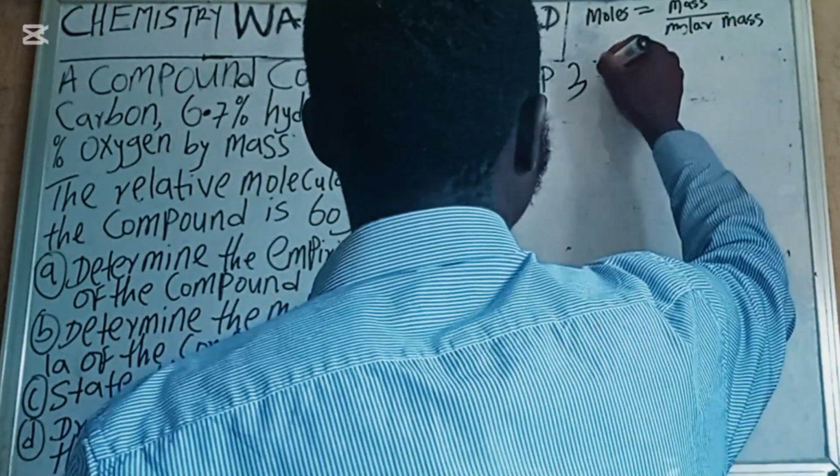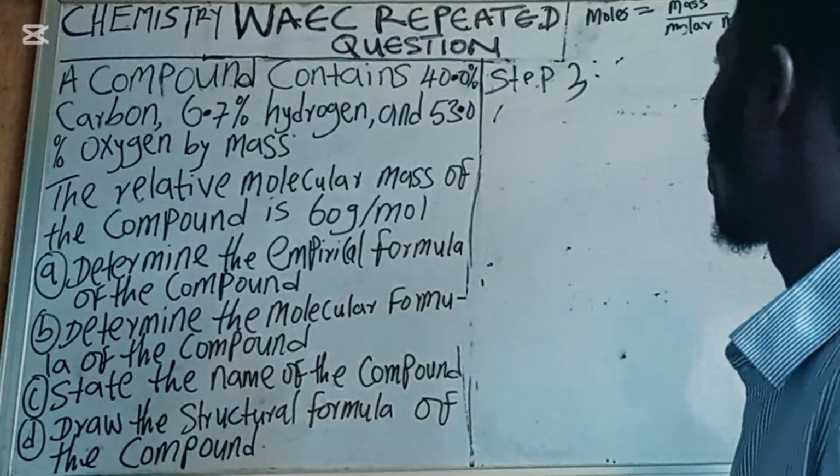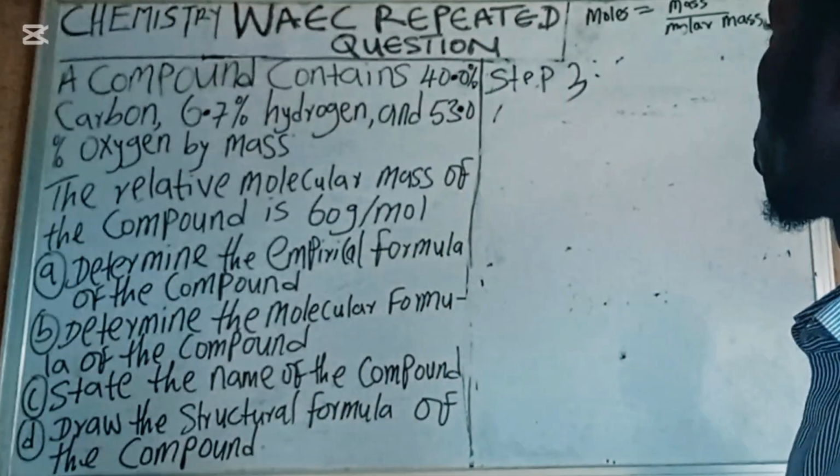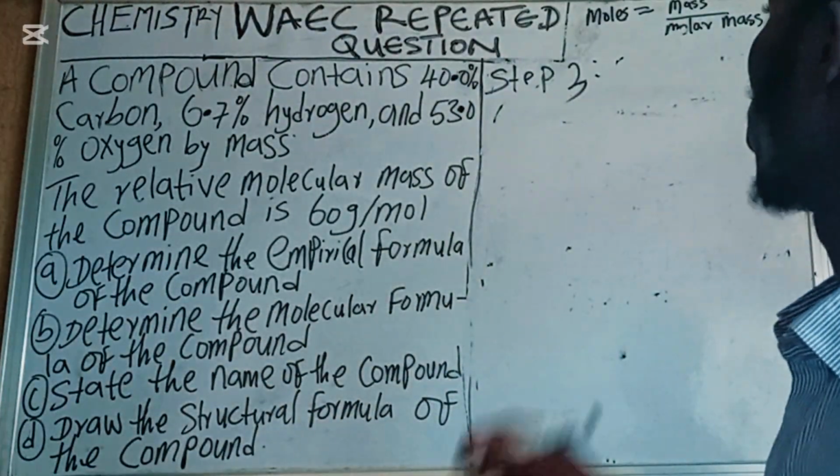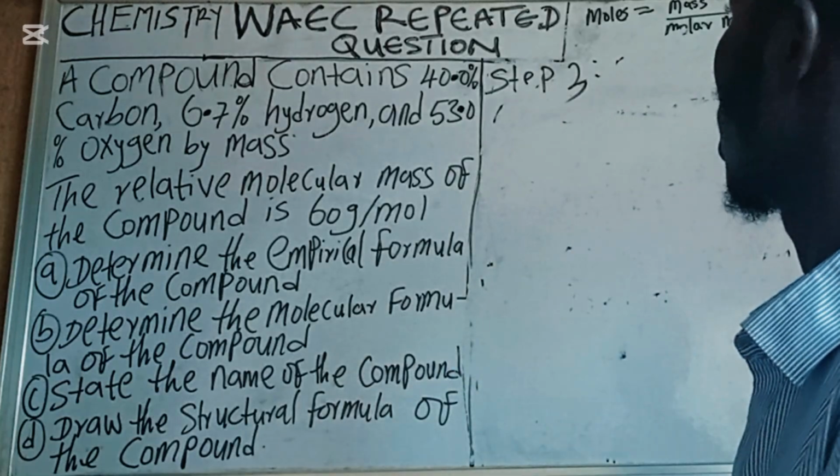In step 3, what we are about to do is to divide the values of our moles by the smallest number.